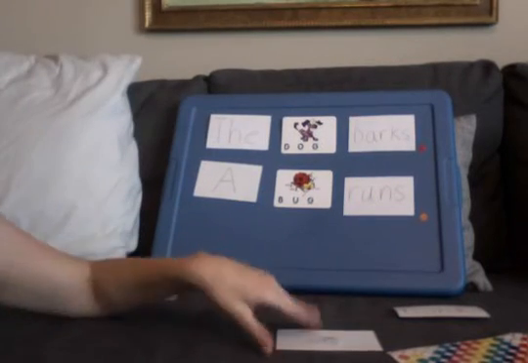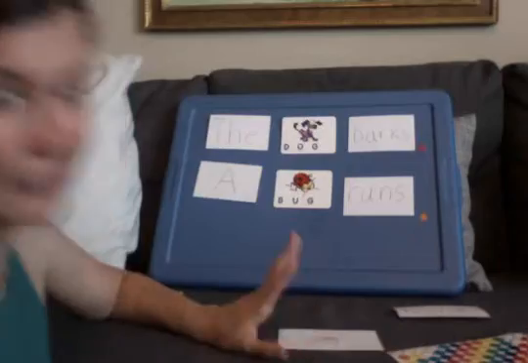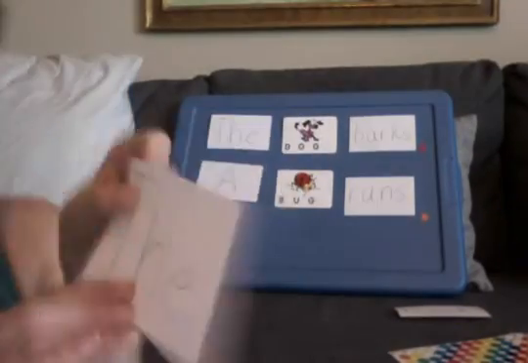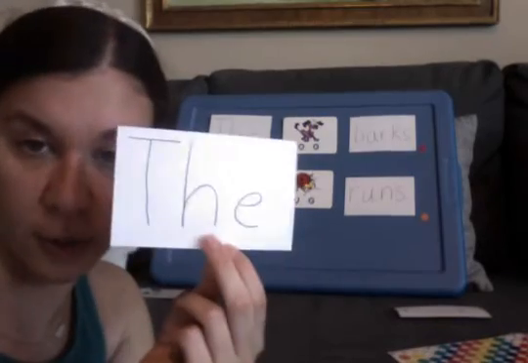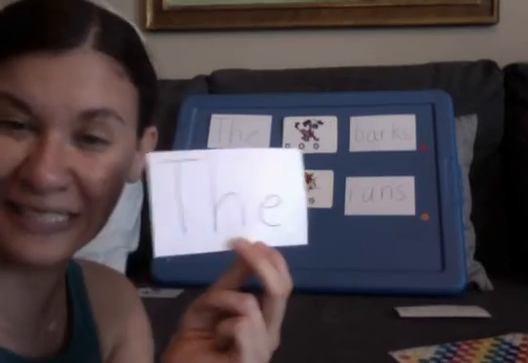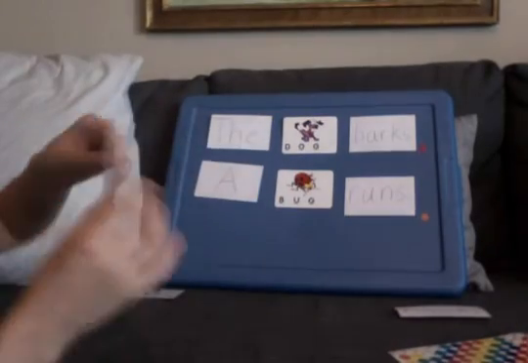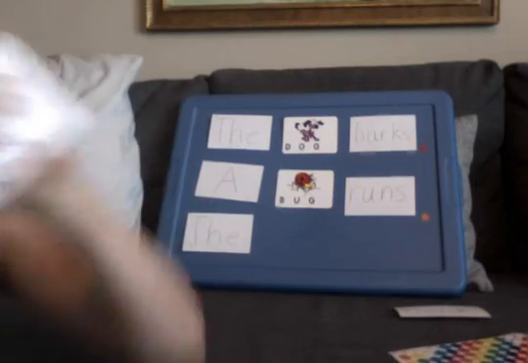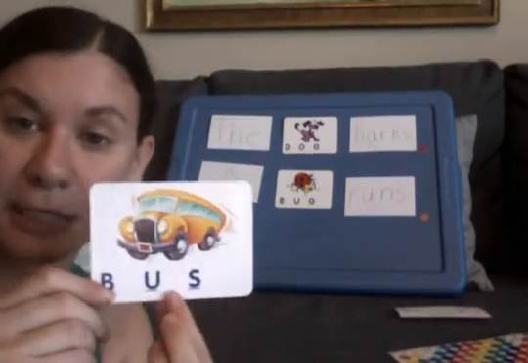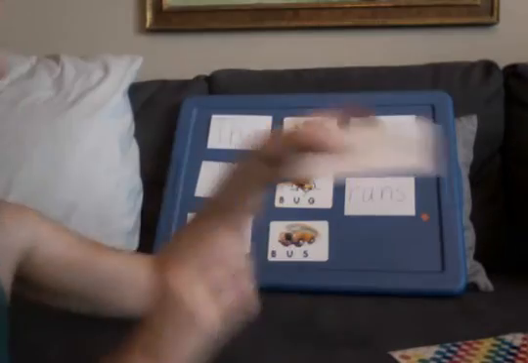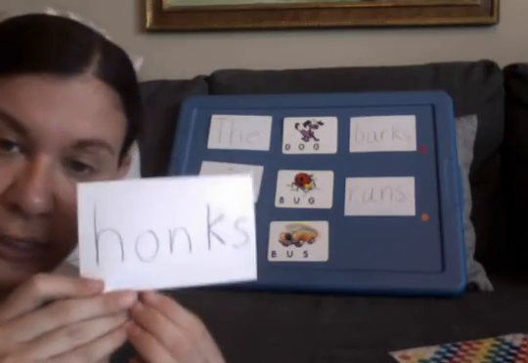Okay, here's my last one. I hope this makes sense because that's all the words that I have. Okay, so we're going to start with our article, right, our sight word. Remember, this one is the, T-H-E, the. So I have the. Oh, it's our friend bus. So the bus. And you guys remember what this one was?